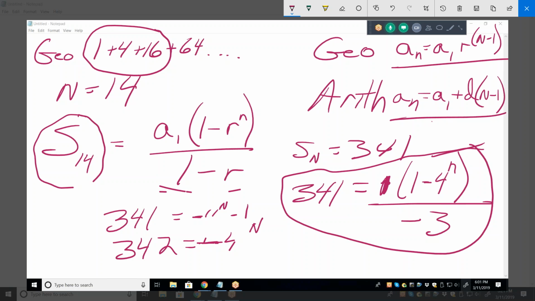In other words, if I take 4 to the nth power and put a negative sign in front of it, I get a negative number, and that can't be, so it must be like that. Now, we know that 4 cubed is 64. 4 to the 4th is 256.